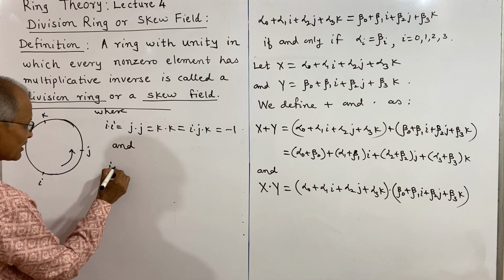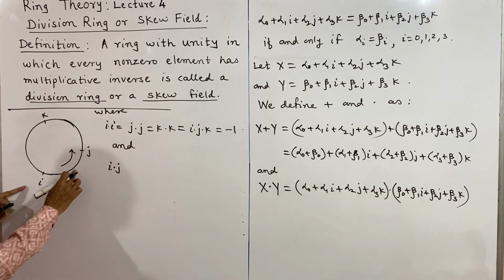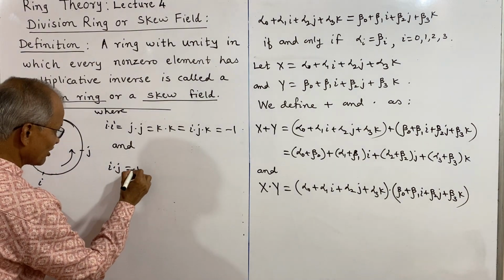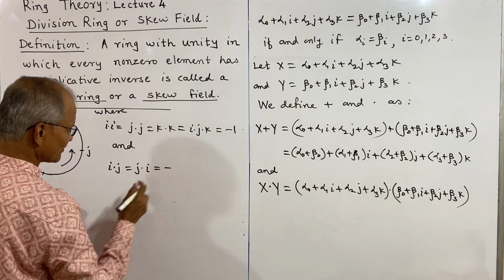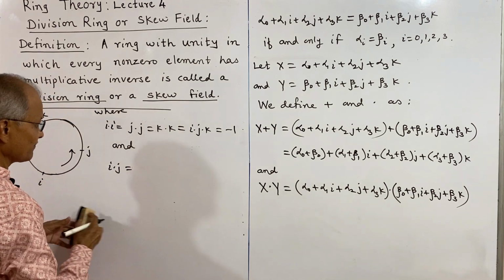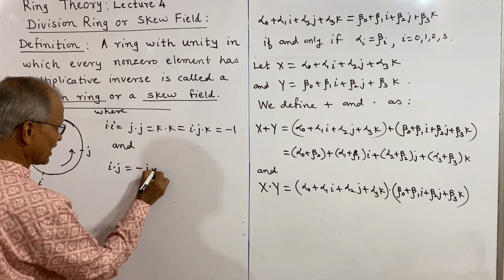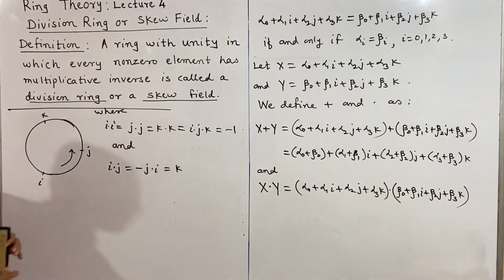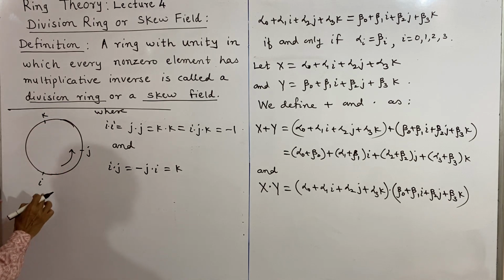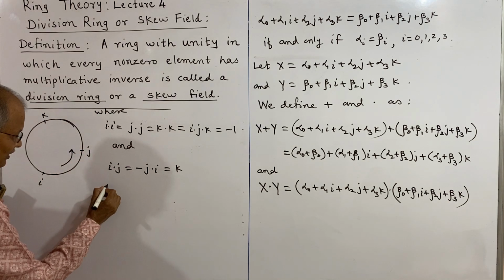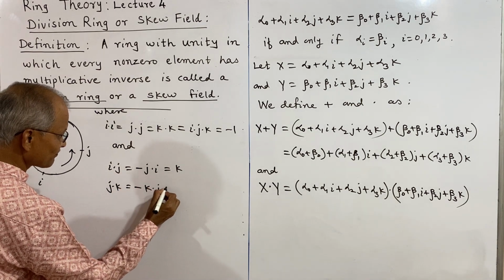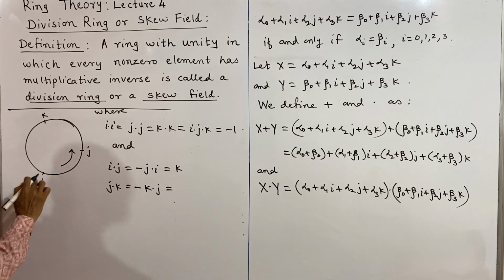We have I dot j equal to k, but j dot I is minus k; that is, I dot j is k, but j dot I is minus k. Similarly, j dot k is I, and j dot k is negative of k dot j.